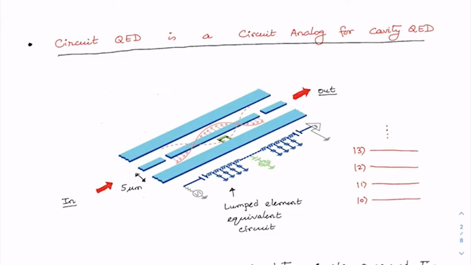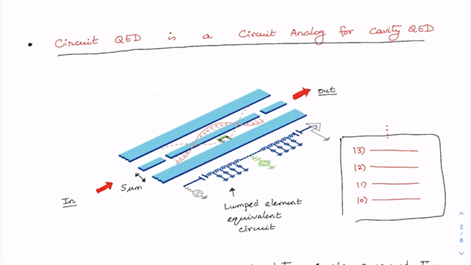We know from quantum mechanics that atoms have discrete energy levels like this, and when an atom makes a transition from one energy level to another, it either emits or absorbs a photon.